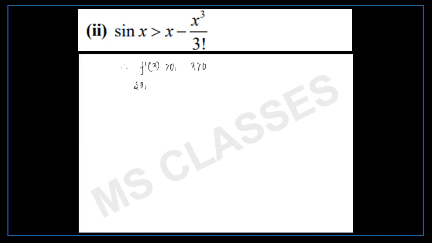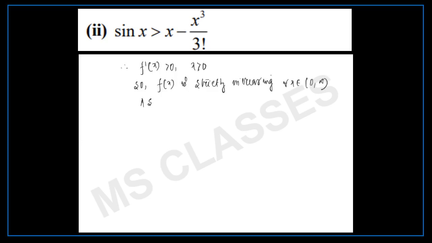So, f(x) is strictly increasing for all x belongs to (0, infinity).